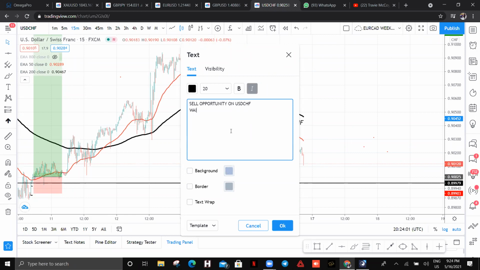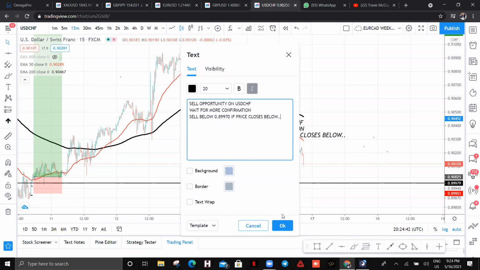Wait for more confirmation. Sell below 0.89970. If price closes below this, sell. Okay, that is what you should do.